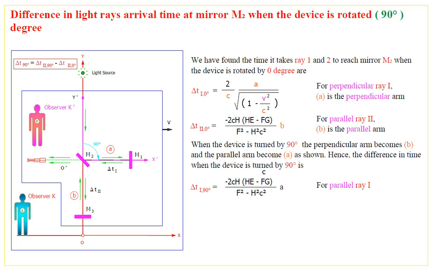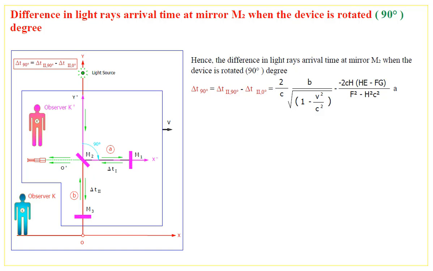When the device is turned by 90 degrees, the perpendicular arm becomes B and the parallel arm becomes A, as shown. Hence, the difference in time when the device is turned by 90 degrees is delta T1 at 90 degrees for parallel ray 1, and delta T2 at 90 degrees for perpendicular ray 2.